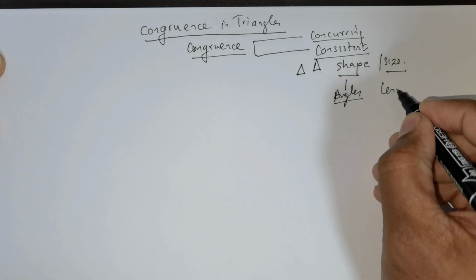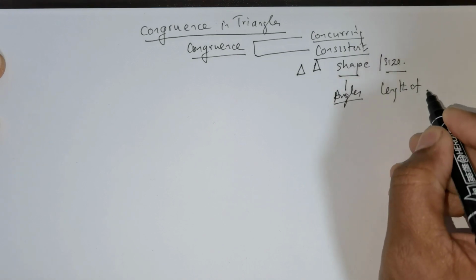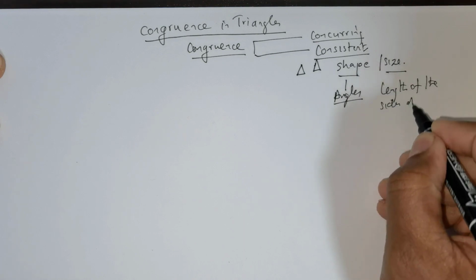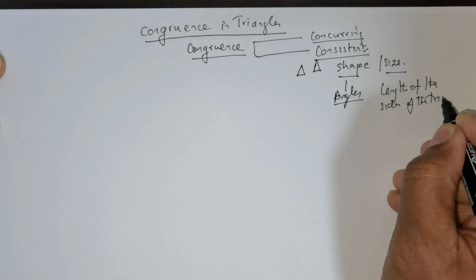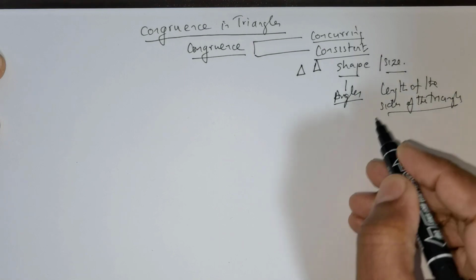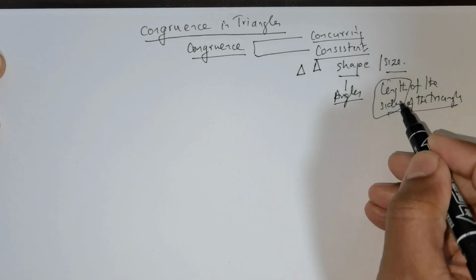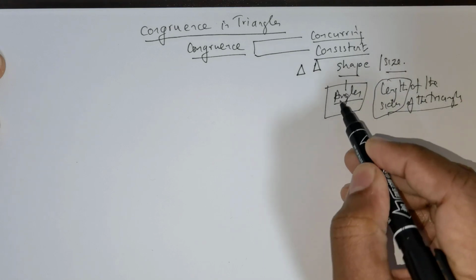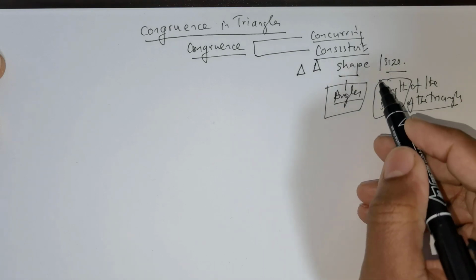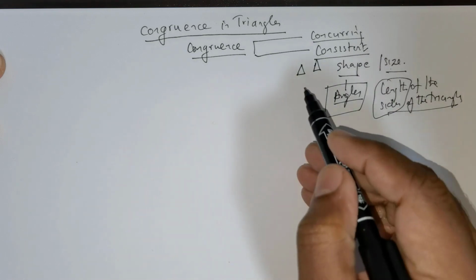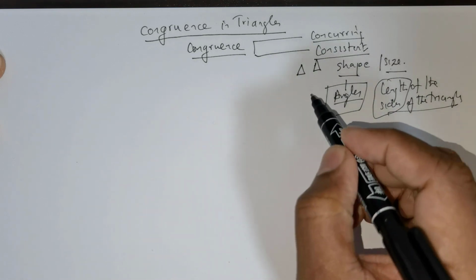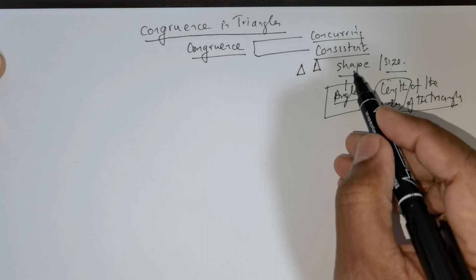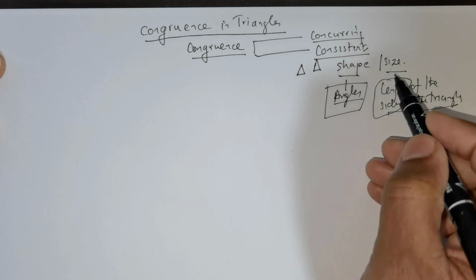It's obviously the length of the sides of the triangle, right? So the length of the sides determines the size of the triangle, and the angles of the triangle determine the shape of the triangle.